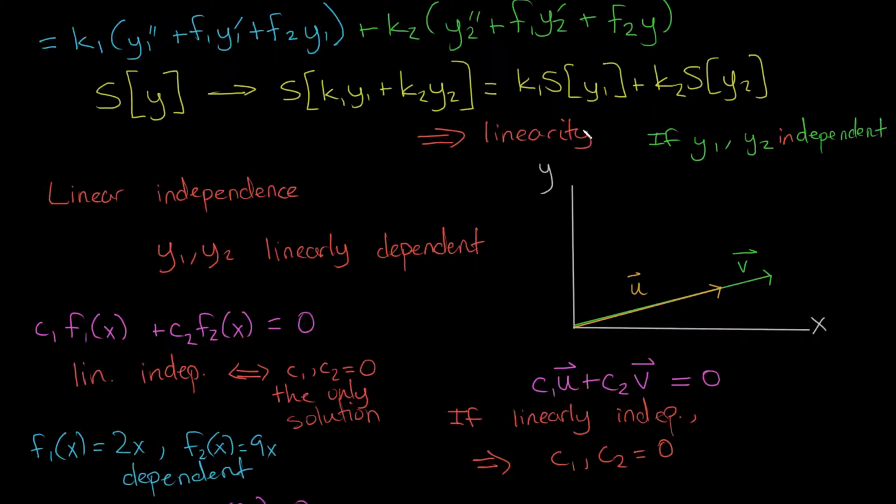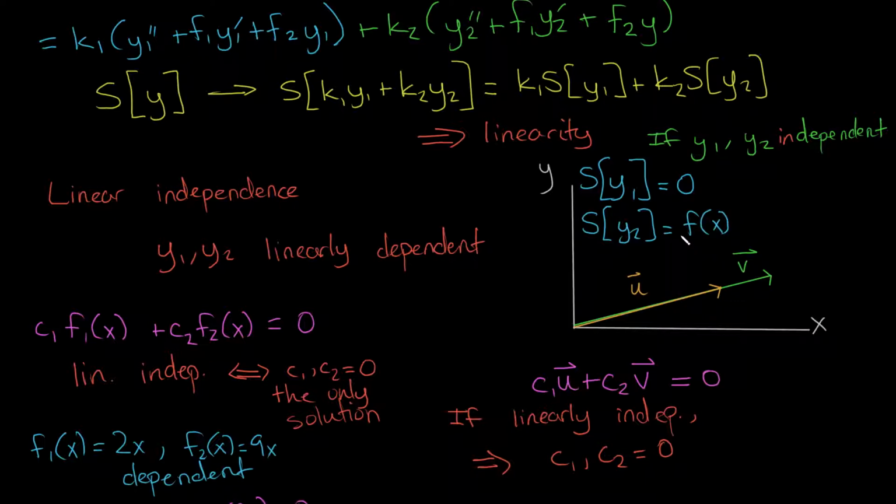And just as a quick foresight for what we're going to do, imagine a differential equation where you found some solution, y1, such that s of y1 equals 0. So you found a solution where you plug it into the differential equation, and you always get 0. And imagine you found a different solution, y2, where your differential equation was some function, like f of x.